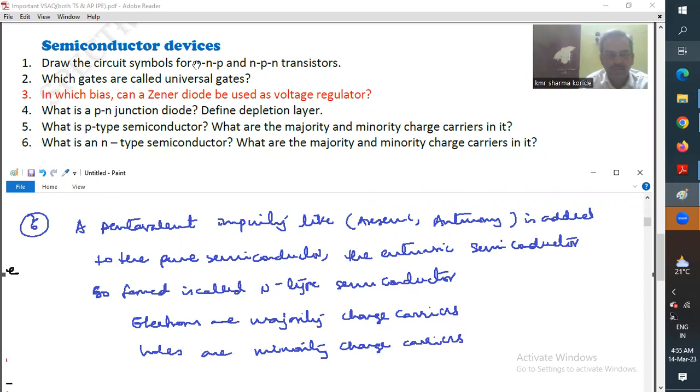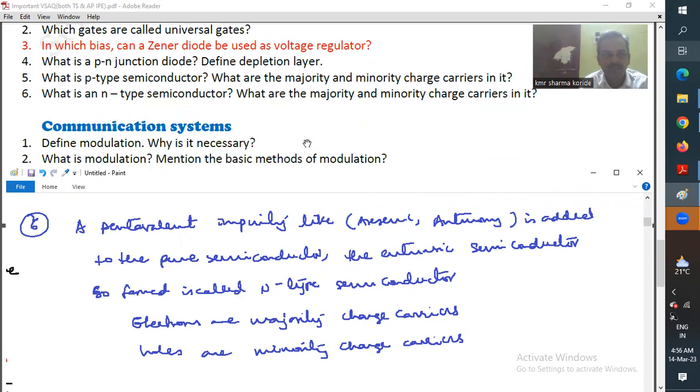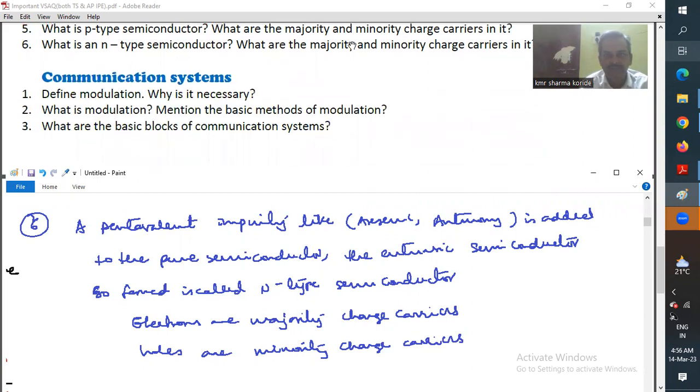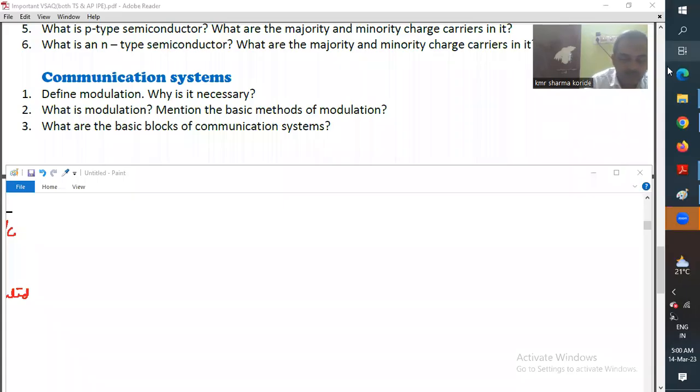So moving to the VSAQs in the next chapter, that is Communication Systems. First question is define modulation. Why is it necessary?